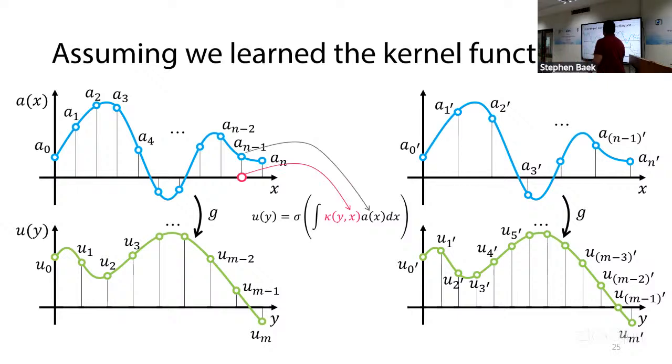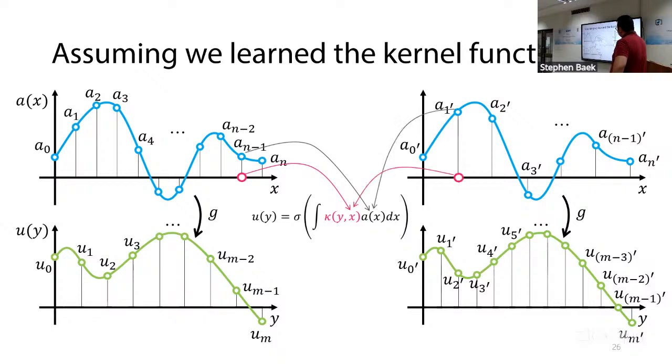So here's a demonstration of how this kernel function and the integral works. You take an arbitrary input at location X. So that value of X goes into the function A, as well as the kernel function kappa.